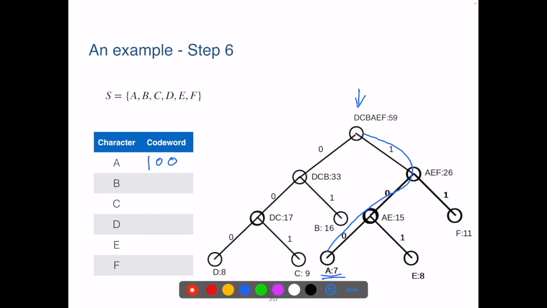Similarly, when we find B's leaf node, we can travel from the root to that leaf node, and then we know B's code word would be 01. Please pause the video and finish the code words for the rest of the characters.